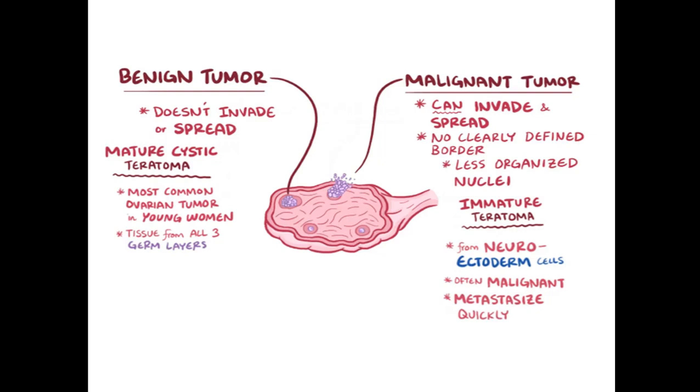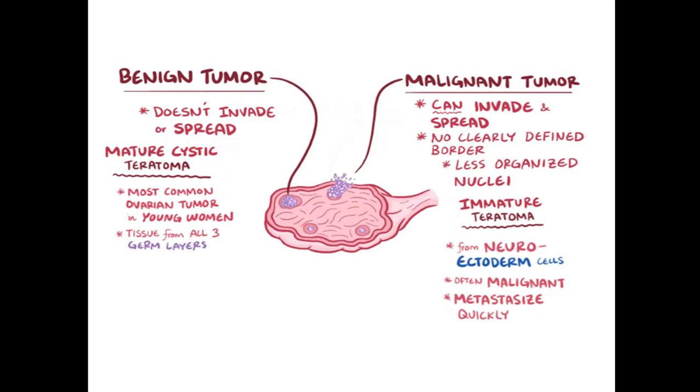And these mature cystic teratomas are the most common ovarian tumors in the younger women, and since they contain elements from all the three germ layers, the ectoderm, endoderm, mesoderm, they may contain various body parts, and therefore these are also known as the monster tumors.